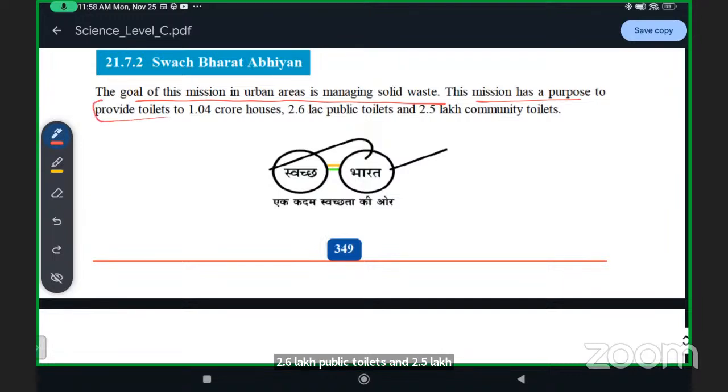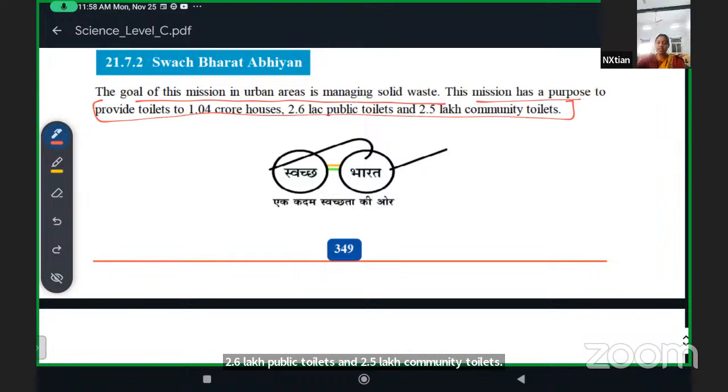These are the stats of how much they had planned, what target they kept to achieve. They set a target of 1.4 crore houses, then 2.6 lakh public toilets, 2.5 lakh community toilets.